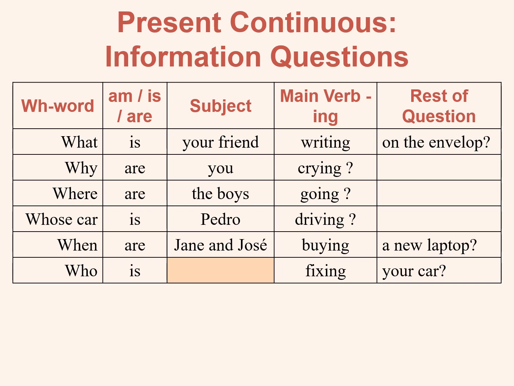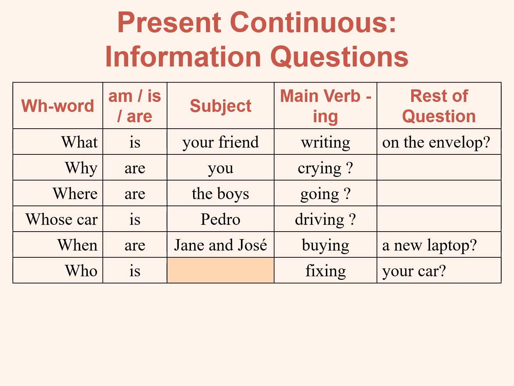In fact, the answer to that question is the subject. That is, the word who is asking what the subject is. And so, since we don't have a subject to put in the subject position in that question, we have the auxiliary verb is, followed immediately by the main verb in the ing form, fixing. Who is fixing your car?